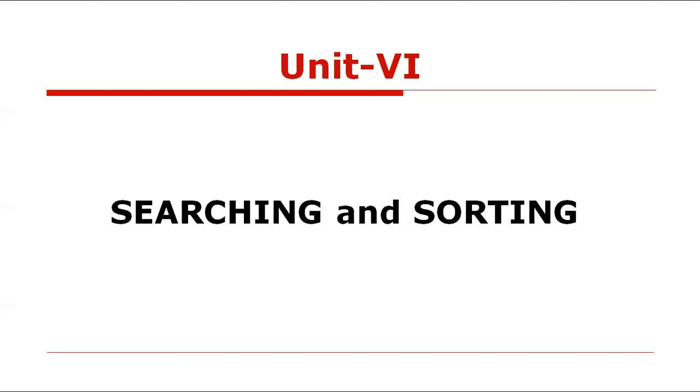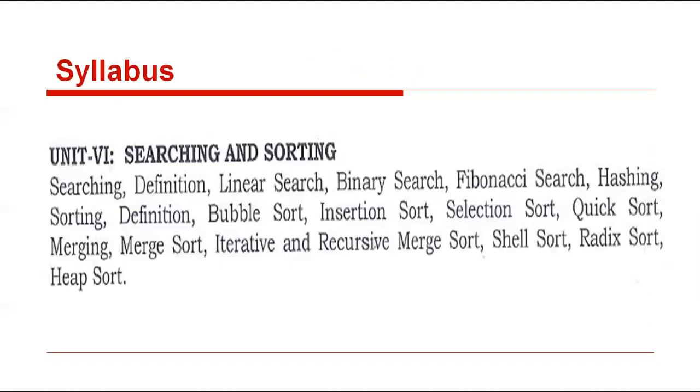Clear. Next, sorting is used to arrange the n elements in a particular order, either ascending or descending order. Clear, all of you? Searching and sorting. These are the contents in your syllabus.